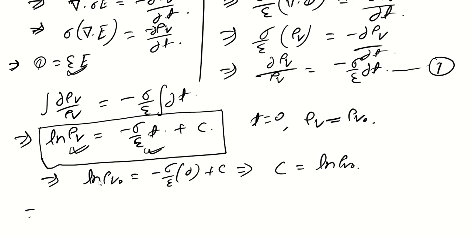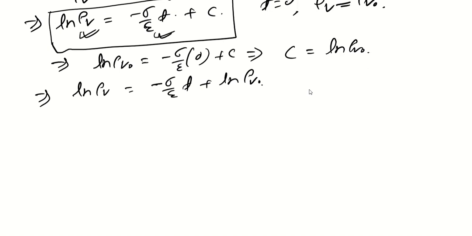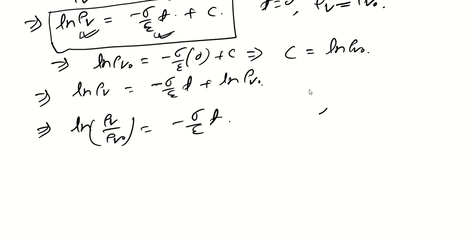Putting this value in the equation, we get ln rho v is equal to minus sigma by epsilon t plus ln rho v naught. Taking this to the other side, we can write ln rho v by rho v naught is equal to minus sigma by epsilon t, because we know ln a minus ln b is equal to ln a by b.